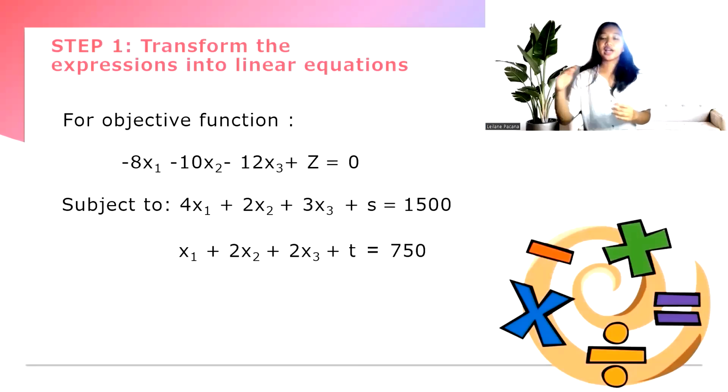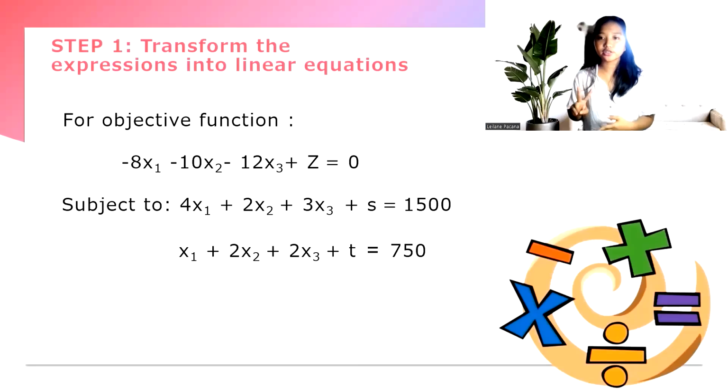So for our constraints, how do we make them equalities, 1,200 and 750? We have to add the slack variables. For every less than or equal symbol in the maximization method in simplex, we have to add slack variables. Our slack variables here are represented by the letters S and T. So for our first constraint, it's 4x sub 1 plus 2x sub 2 plus 3x sub 3 plus S. Our S here is our first slack variable, and it is equal to 1,200.